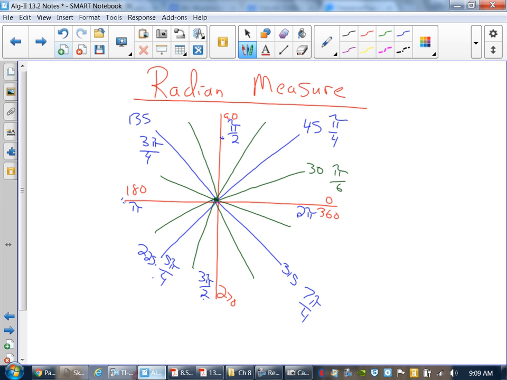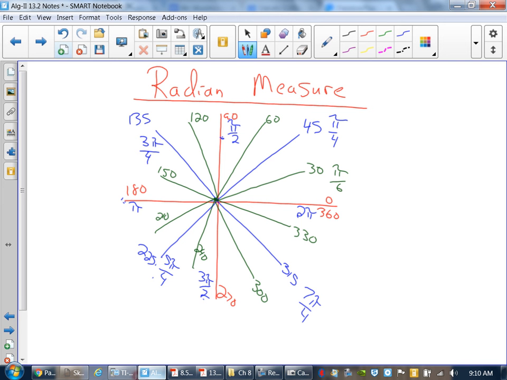I triple it at 90, and so on and so on. So if I walk around, I get a 60, we have the 90, 120, 150, 180, 210, 240, 270, 300, 330. Which means for every one of those 30-degree angles that I move up, I'm moving up 1/6 of the circle.